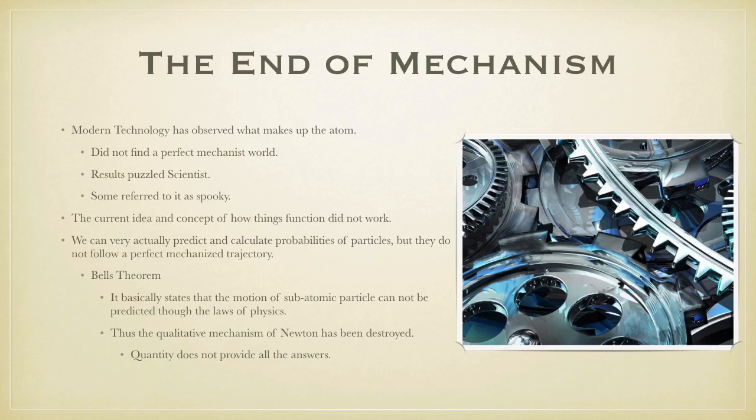Understanding the nature of the electron, or its electronness, is not sufficient for determining how the electron will act and respond. This means that a mechanistic view of quantity does not provide all the answers for explaining the external world. Although on a macro level, the mechanistic view of Isaac Newton was very successful, on a micro level, it has failed to predict the motion of subatomic particles.